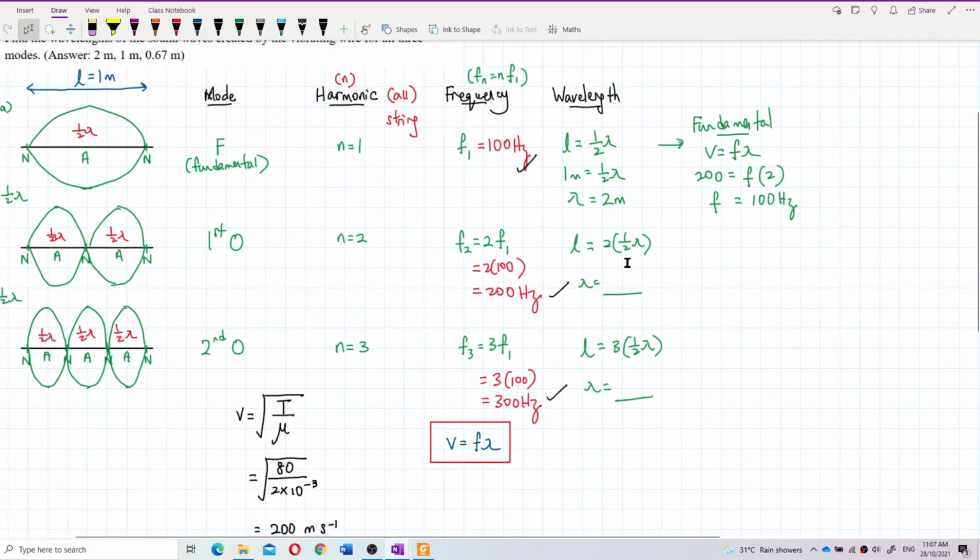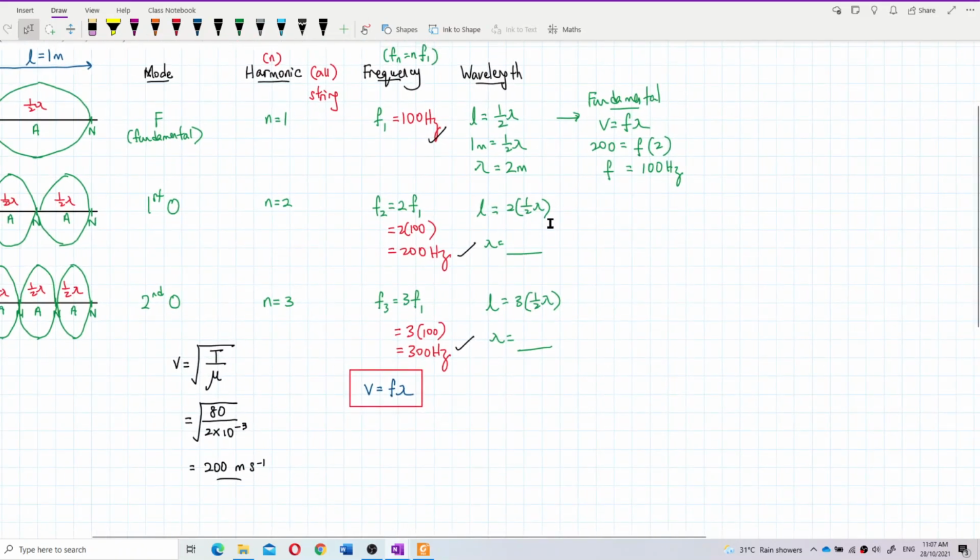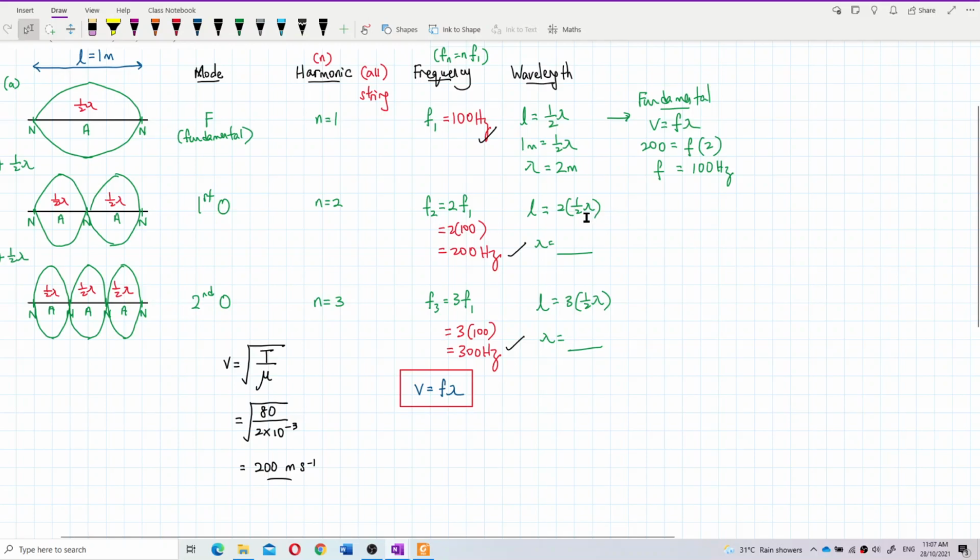So what I can conclude from here is, maybe let us just substitute the values and find out. This length is 1 meter.